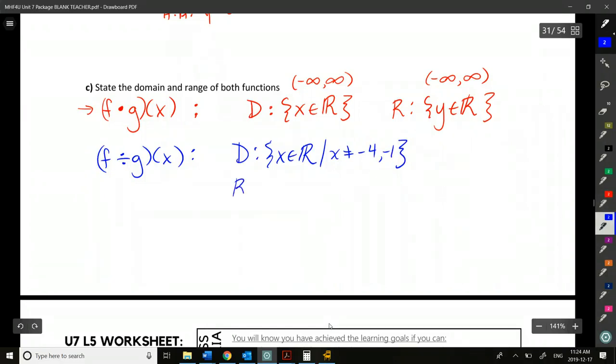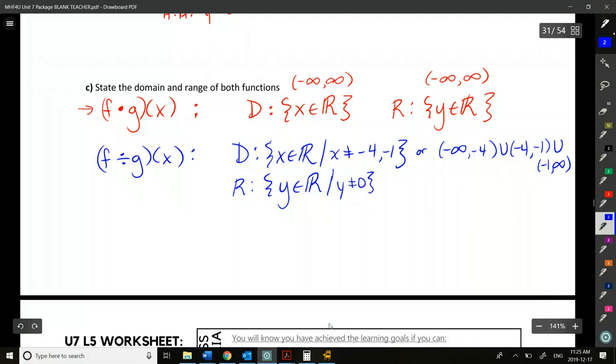And the range for this one? It can be any value except for 0. So we would say just y cannot equal 0 for that one.